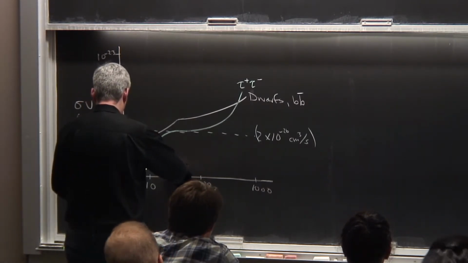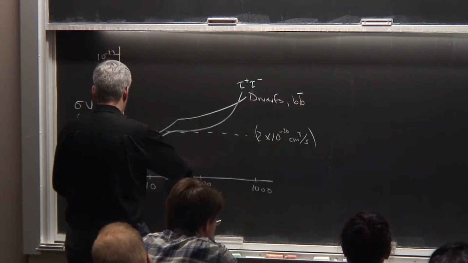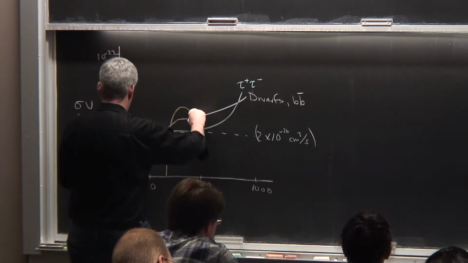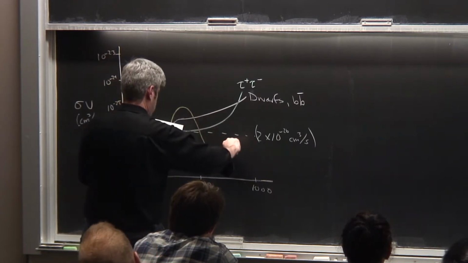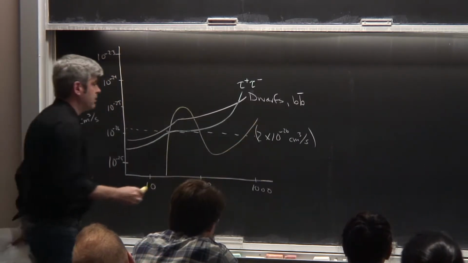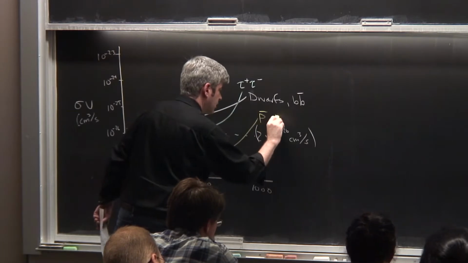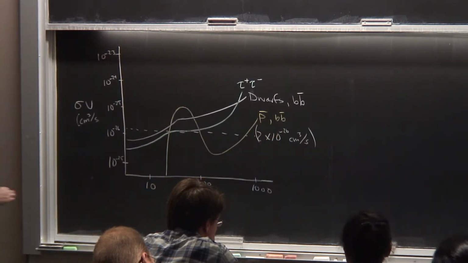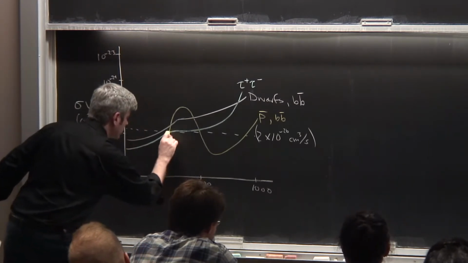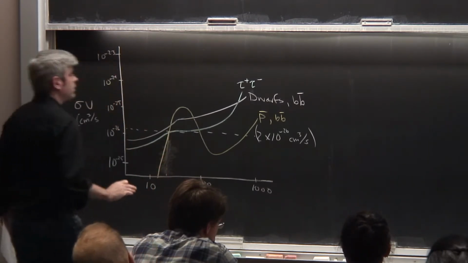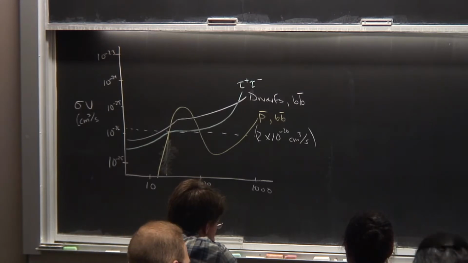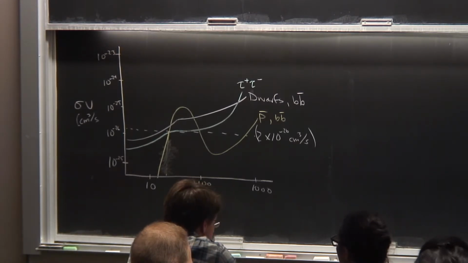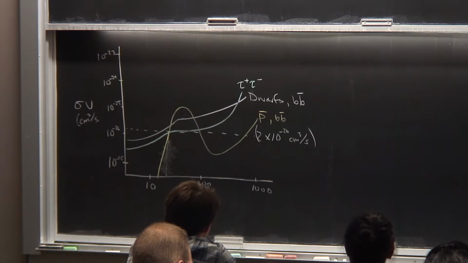Here, the constraints are very strong at low mass. They look something like that. That's maybe too steep. Something like that. Okay? So, taken at face value, this provides by far the strongest constraint on dark matter lighter than maybe 20 GeV or heavier than a couple hundred GeV.